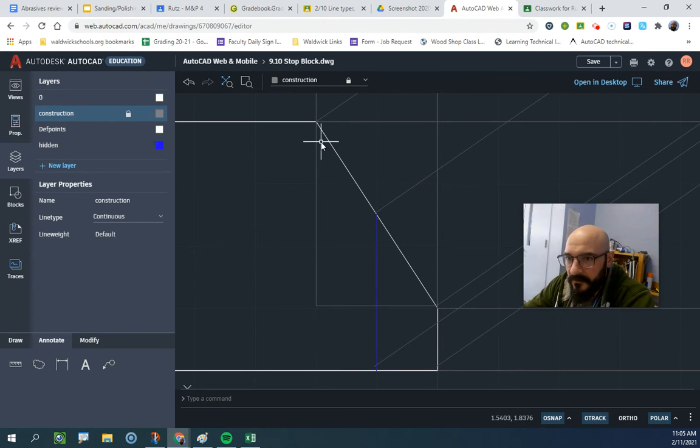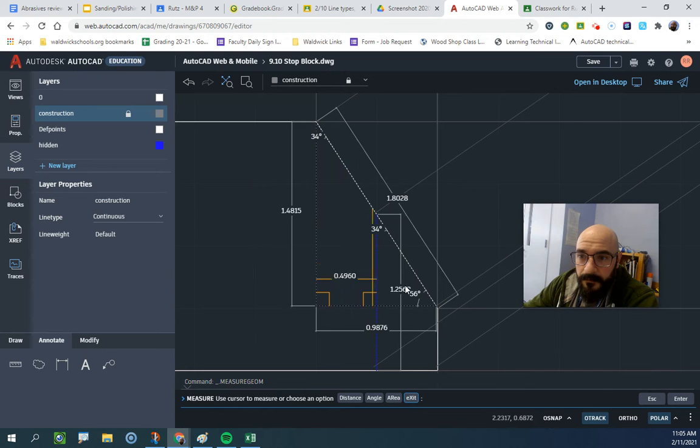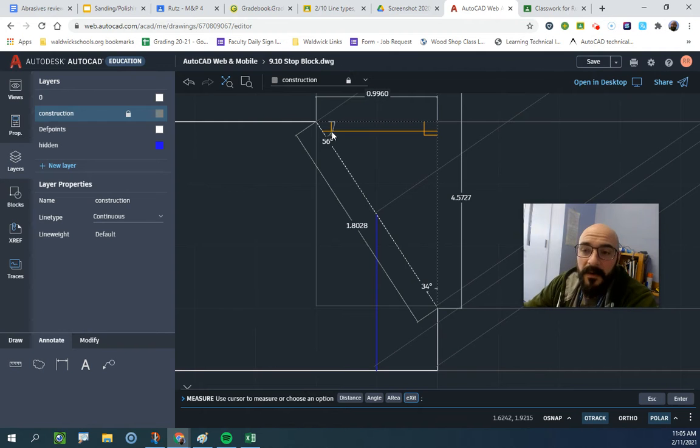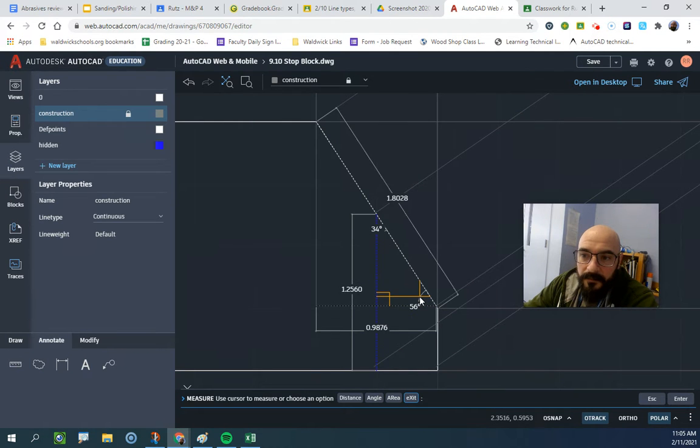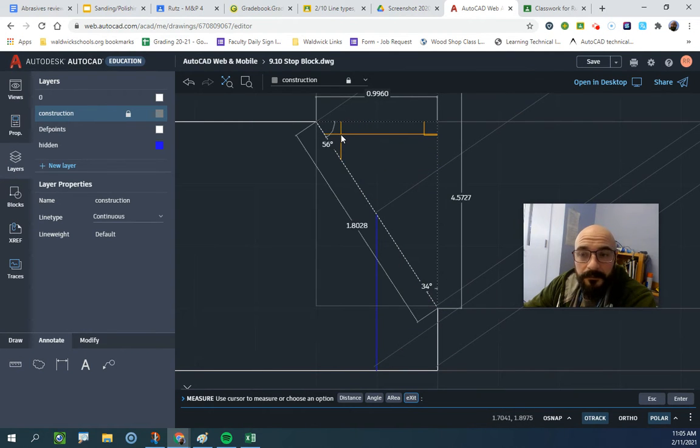So if this one's 34, 34 minus 90 is 56. So 34, if we subtract 90, we get 56. That's proving that this angle here is equal to this angle here.